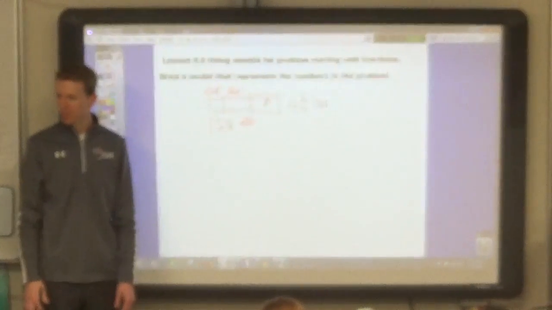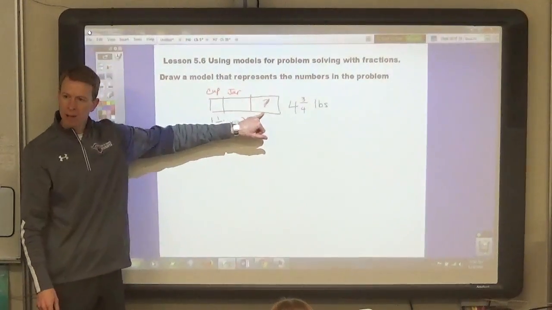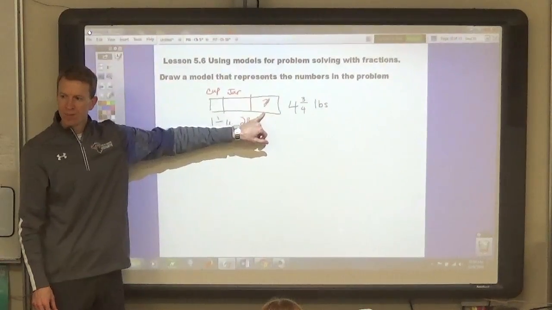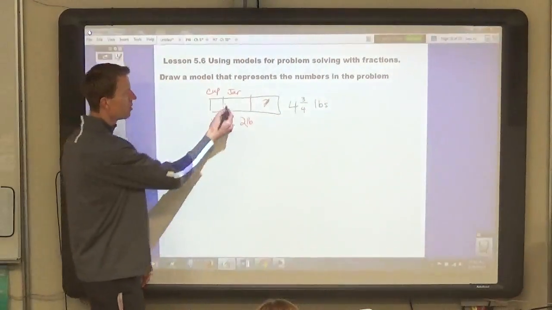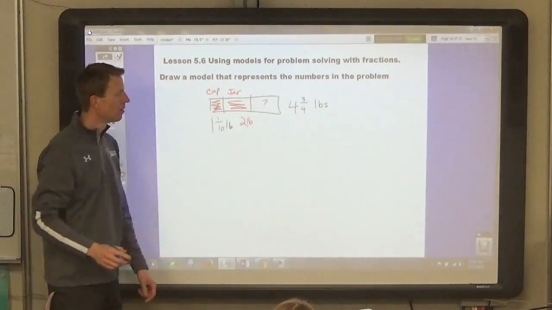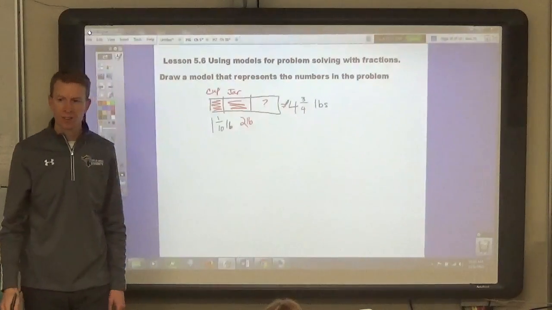Okay. So we're trying to find the remaining amount again. Right? This was used on the jar. This was used on the cup. The whole thing equals 4 3/4.